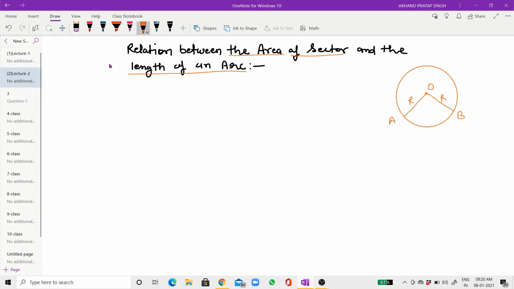These points are A and B. This portion is a sector.